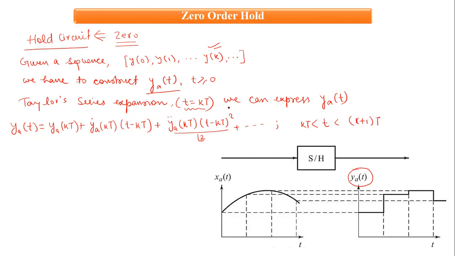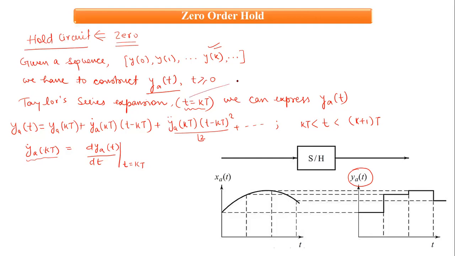Now this y_a dot (kT) is actually the first derivative of y with respect to time at t equal to kT. This can be taken because it is the analog value obtained from the given samples about t equal to kT.